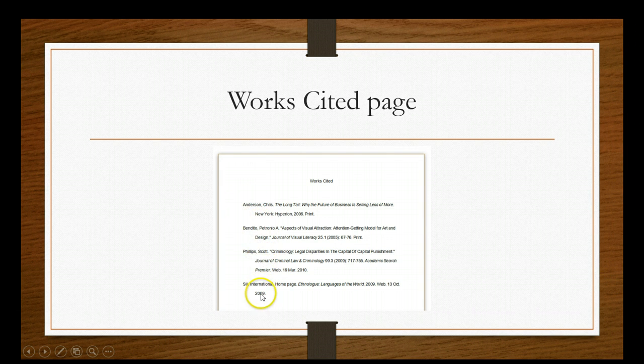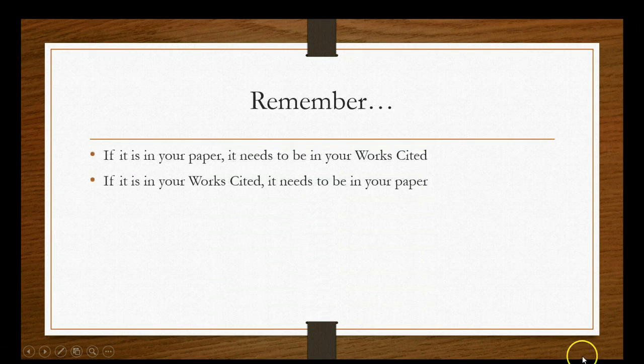See? Like that. So remember, if it's in your paper, it needs to be in your works cited. And conversely, if it's in your works cited, it needs to be in your paper. Don't load up your works cited with 8 sources and then only use 2 in your paper. That'll be confusing.